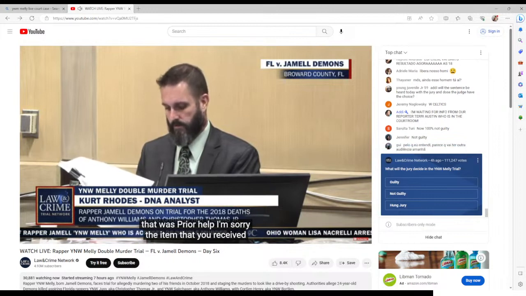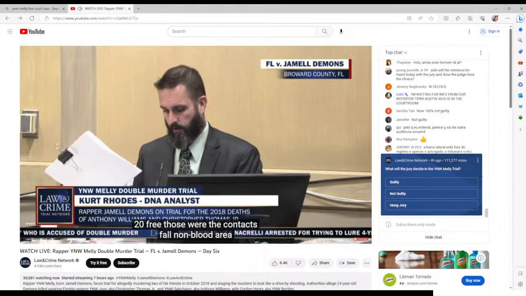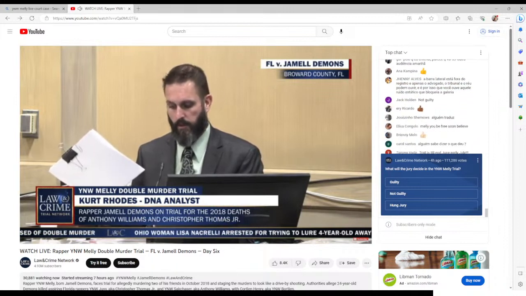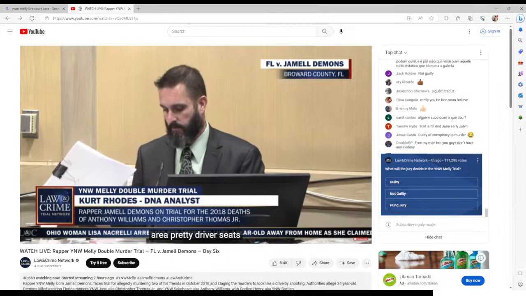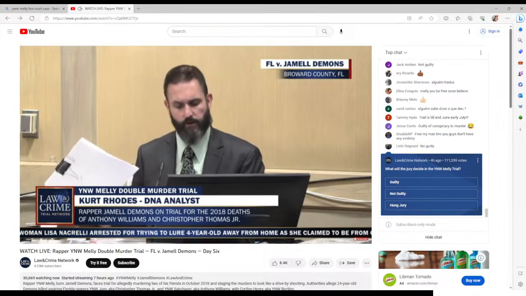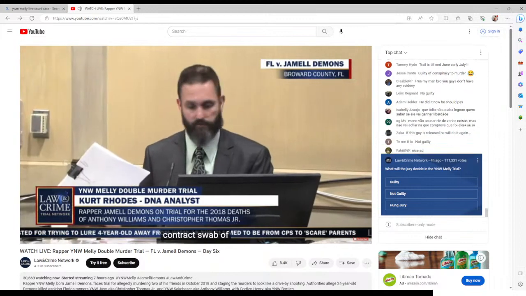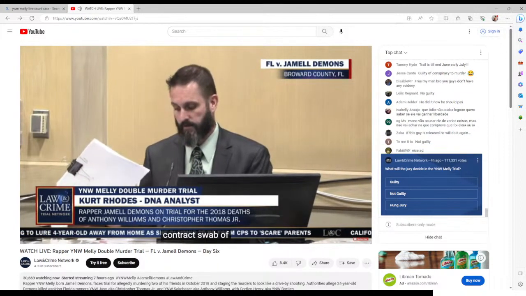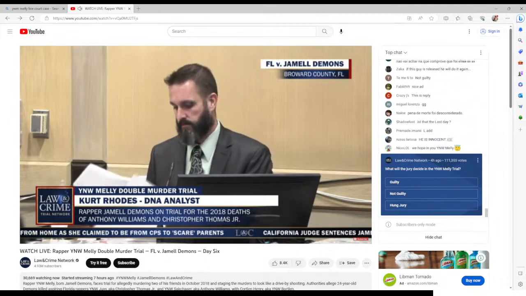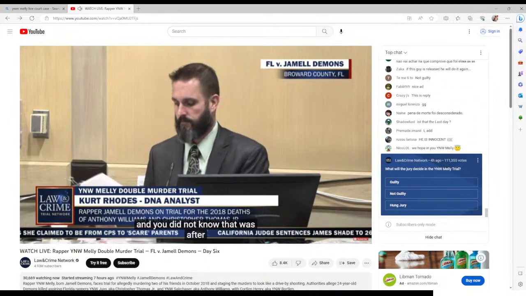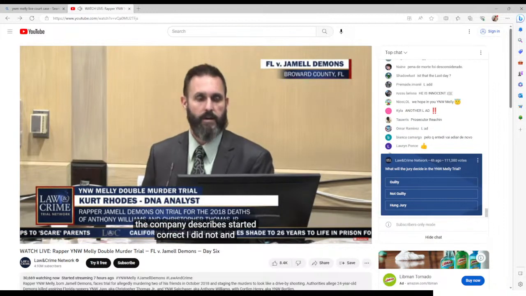The item that you received in April of 23 was what? Those were the contact swab, non-blood area, rear driver seat, the blood swab of smear from rear of driver seat, and the contact swab of front of driver side door handle interior. Okay. And you did not know that was after this trial started, correct? I did not know.